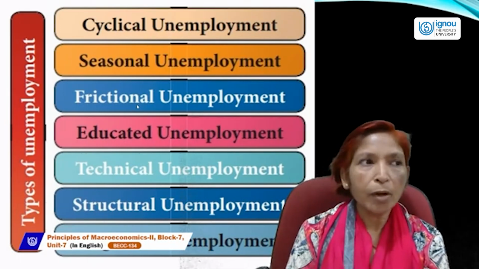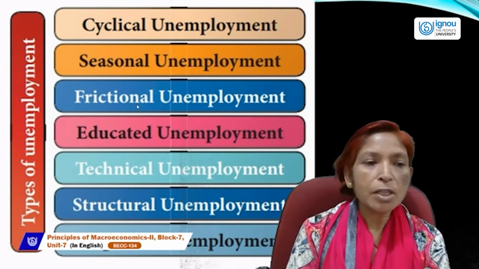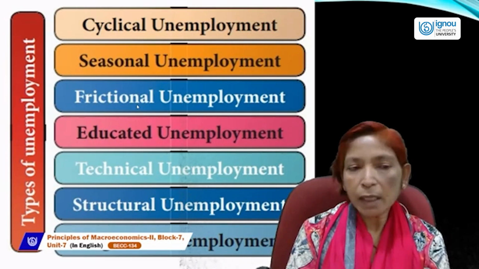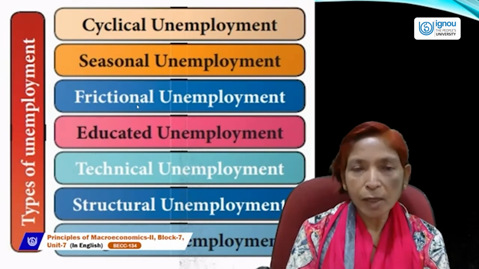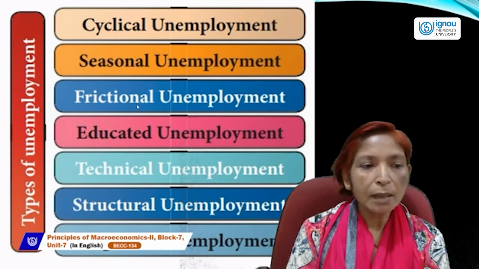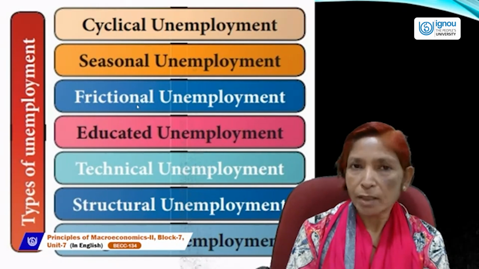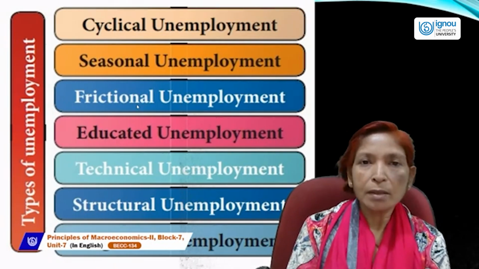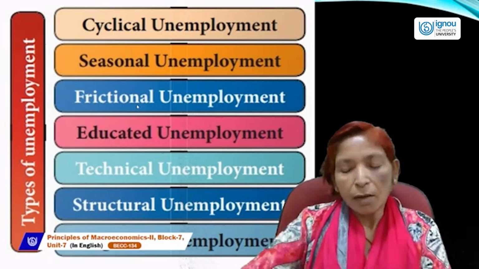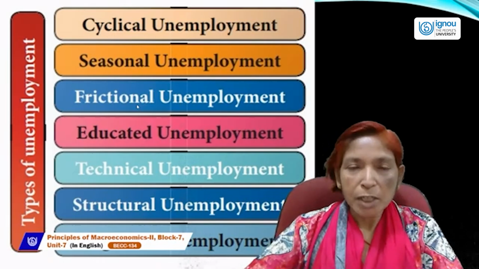The next type of unemployment is frictional unemployment. Frictional unemployment mainly exists when people are doing some work but they want to get another job opportunity for getting a higher wage rate. But if people leave one job, it does not definitely mean they will get another job at the same time.